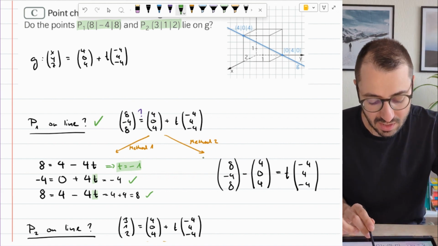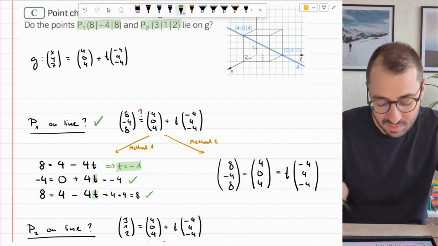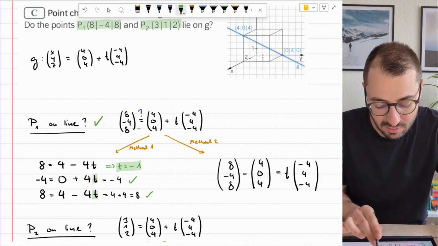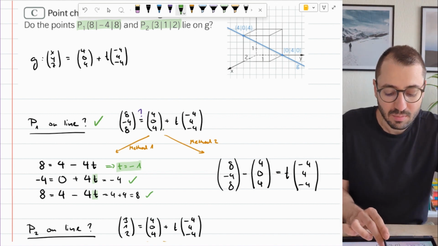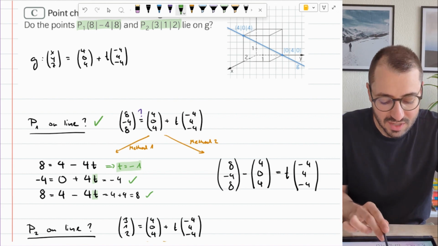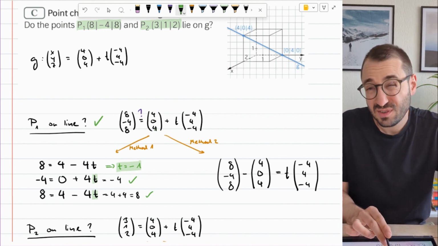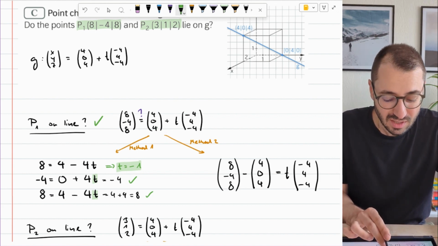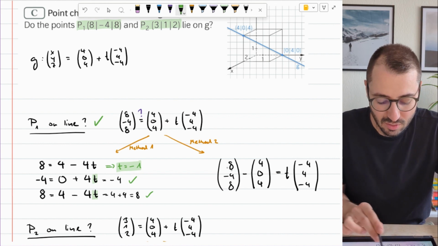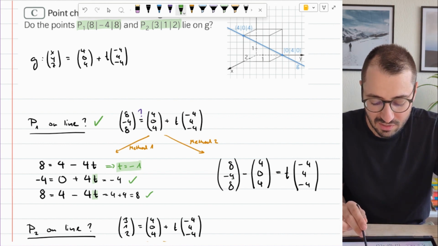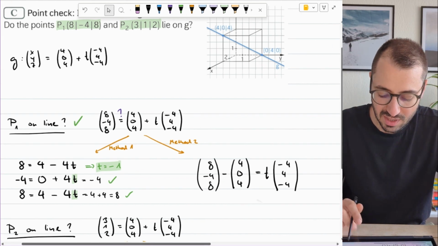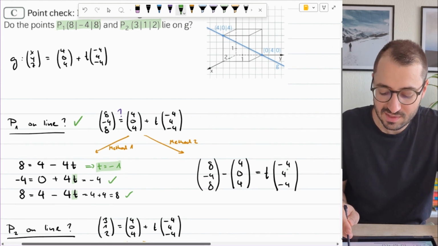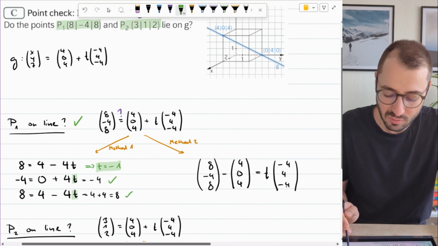The second way is kind of similar. We still start with this one, but we don't write down these equations; we use vector algebra. We can subtract this vector from both sides. So we are left with (8 minus 4, 8 minus 4, 0, 4) should be equal to t times the vector (-4, 4, -4).